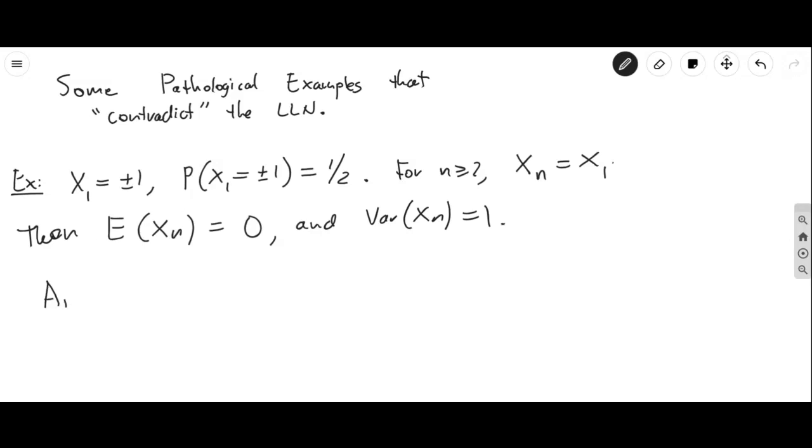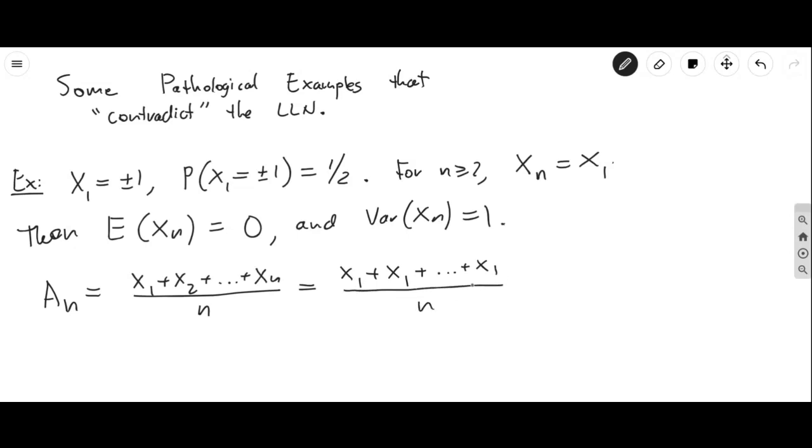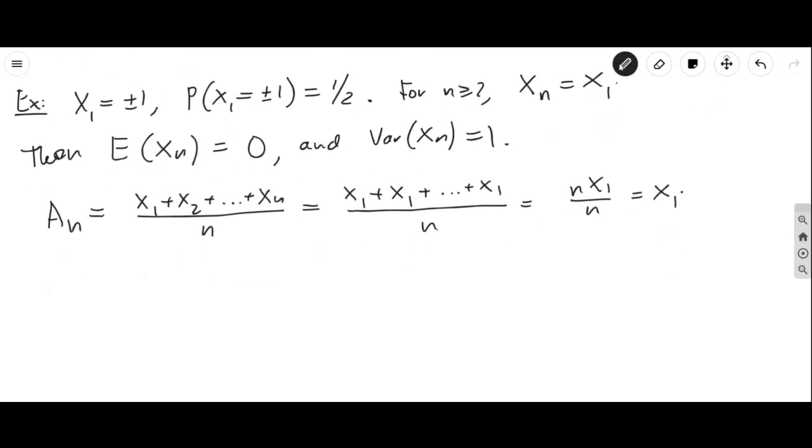And in this case, the average of the first n tosses would be the same random variable from x2 to xn, it's always the same. So it's n x1 over n, so it's just x1.